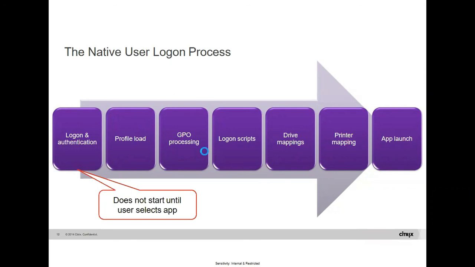What network drives the user has are getting mapped, right? Printers are getting mapped, and finally the application is launching, or the VDI is launching. So this is the enumeration process, how an application or VDI launches for the end user.